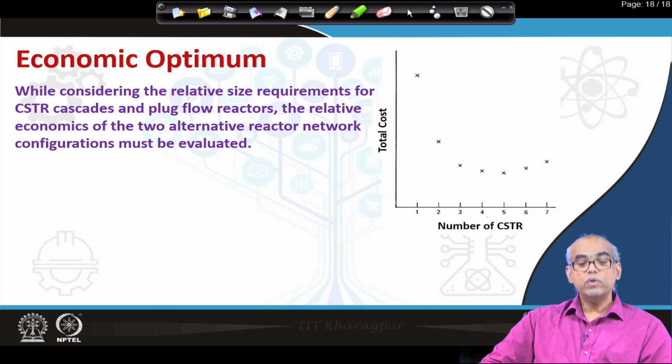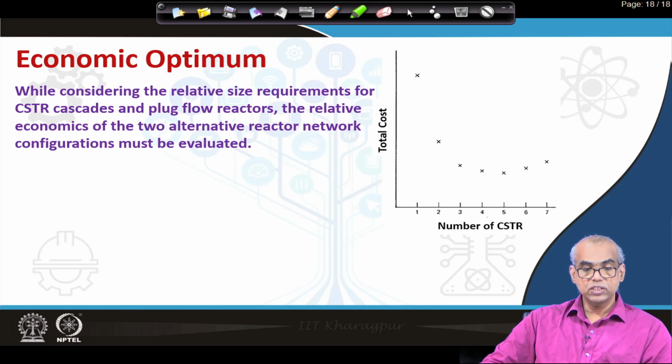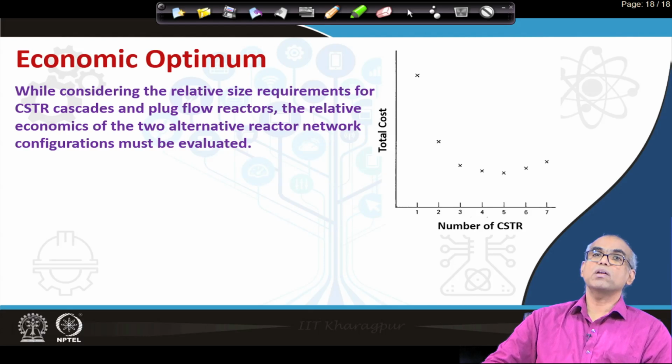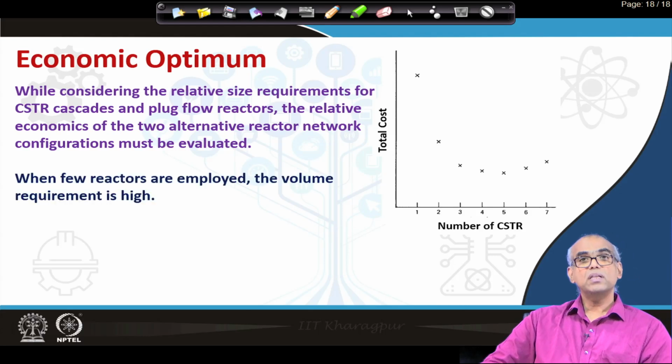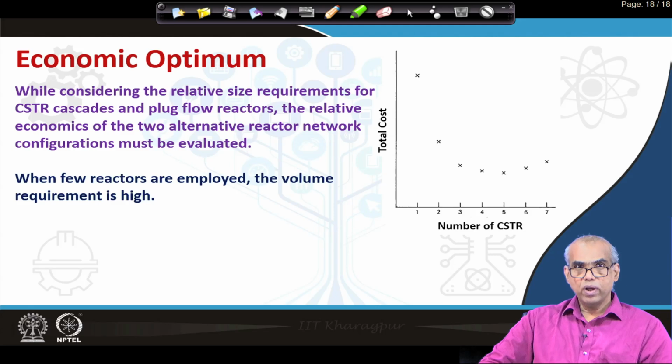Now, while we are considering the relative size requirement for CSTR cascades and plug flow reactors, the relative economics of the two alternative reactor network configurations must be evaluated. What we mean is as follows. When we are using few reactors in the cascade, the volume requirement is high.